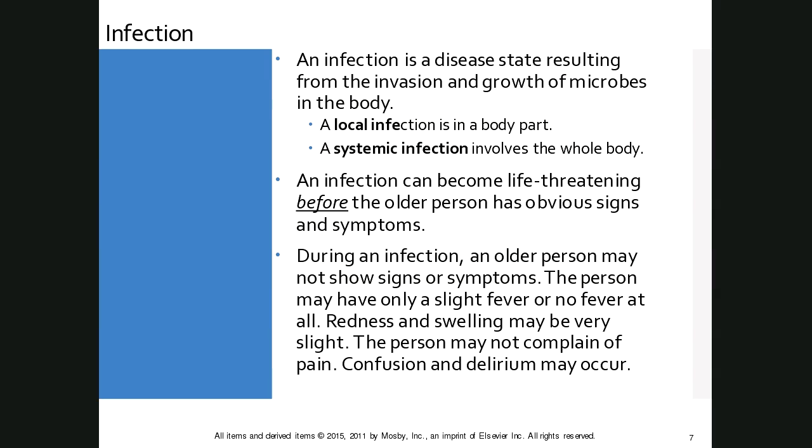Older people don't always have a fever. They may not have any fever or just a slight fever, if at all, which is really hard. The first thing you usually see that indicates there's an infection is behavior issues. Redness and swelling may be very slight in the older person, and they may not complain of pain, but confusion and delirium occur. Now, delirium is an acute confusion.